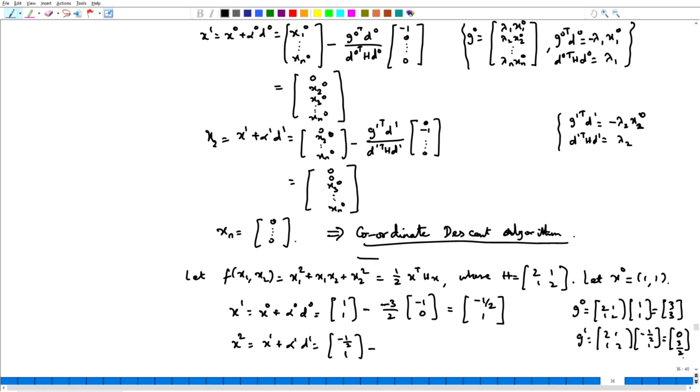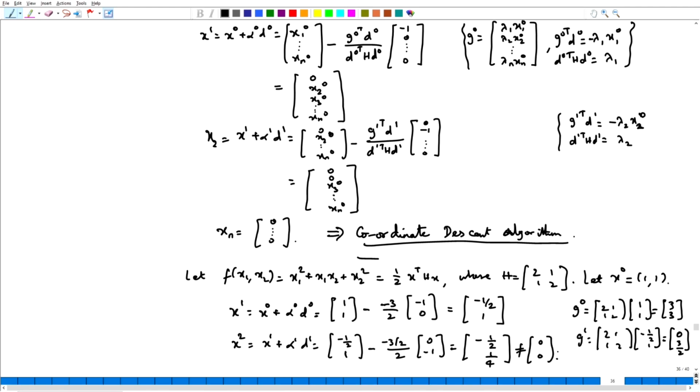And if you multiply with minus 1, you get minus 3 by 2 in the numerator, and this is going to be 2 again. So, this is minus 3 by 2 by 2, and this is 0 minus 1. So, this is not going to change because it is 0, it is going to be minus half again, but here you have minus 3 by 4, which is 1 by 4. So, it is very clear that this is not 0 0.